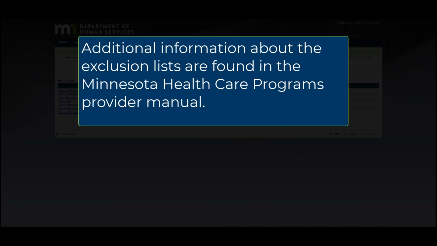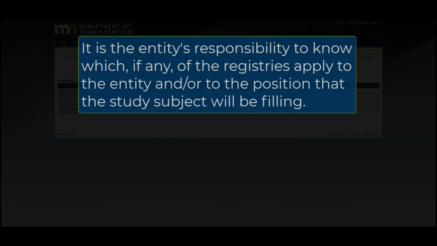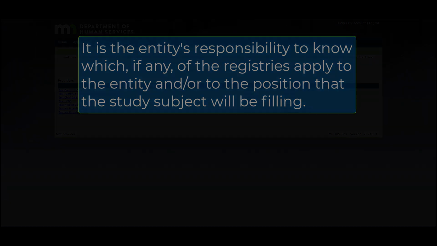Additional information about the exclusion lists is found in the Minnesota Healthcare Program's Provider Manual. Information about the Nurse Aid Registry is available on the Minnesota Department of Health's website. It is the entity's responsibility to know which, if any, of the registries apply to the entity and/or to the position that the study subject will be filling.